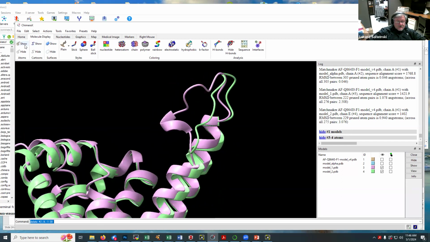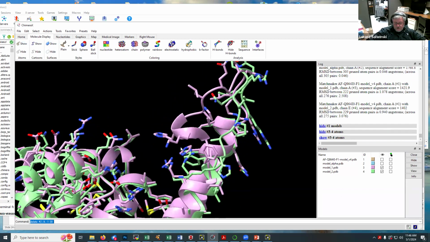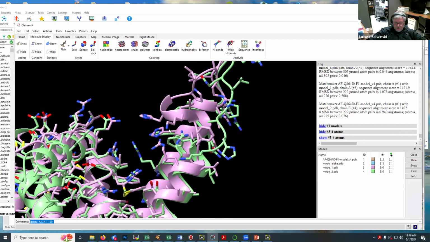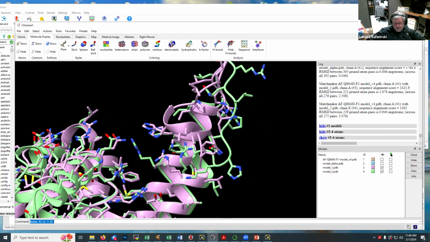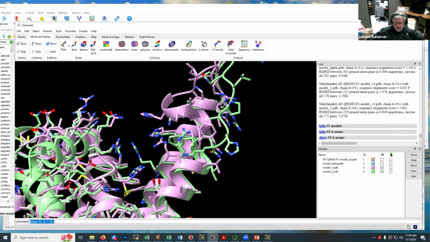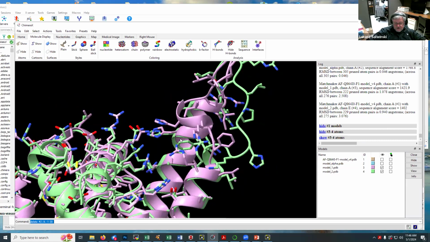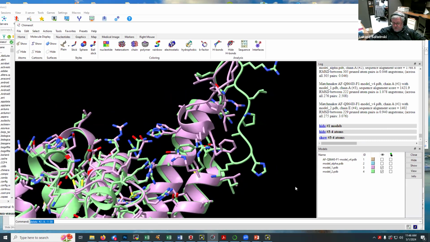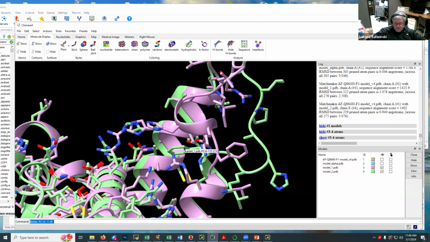And if we look now at side chains, we can show side chains. We notice that they look different, and we can see, for example, okay, so let's look here.